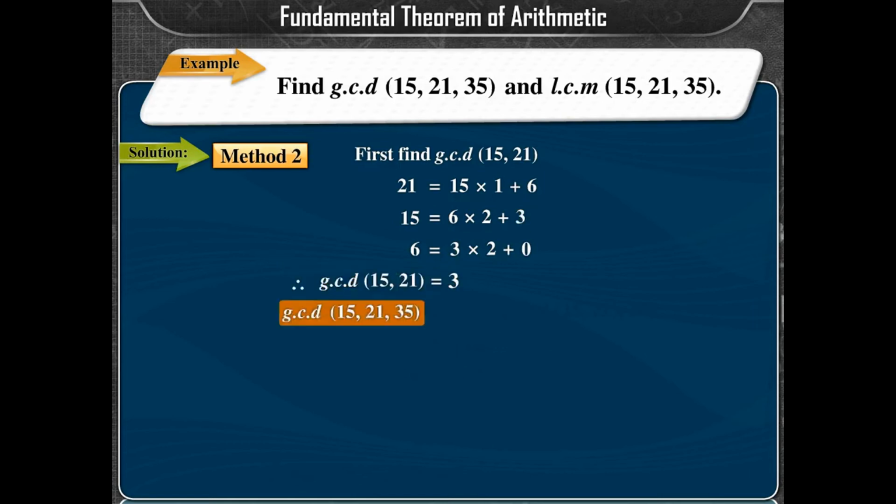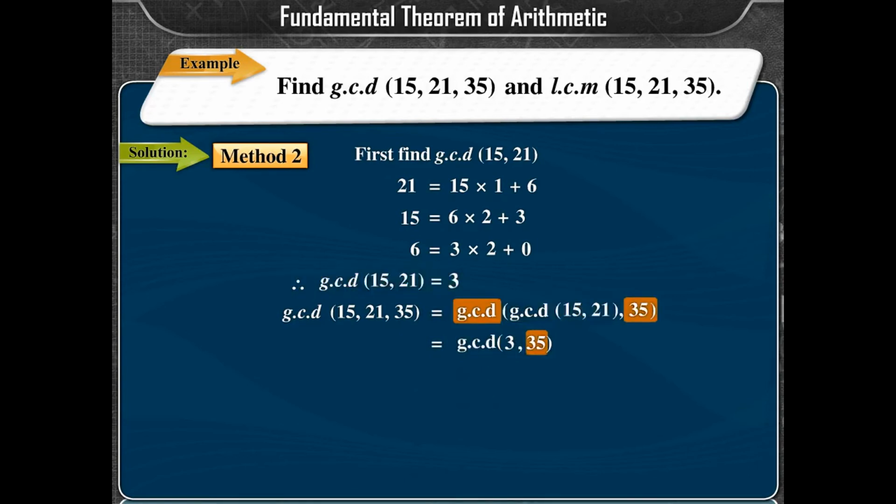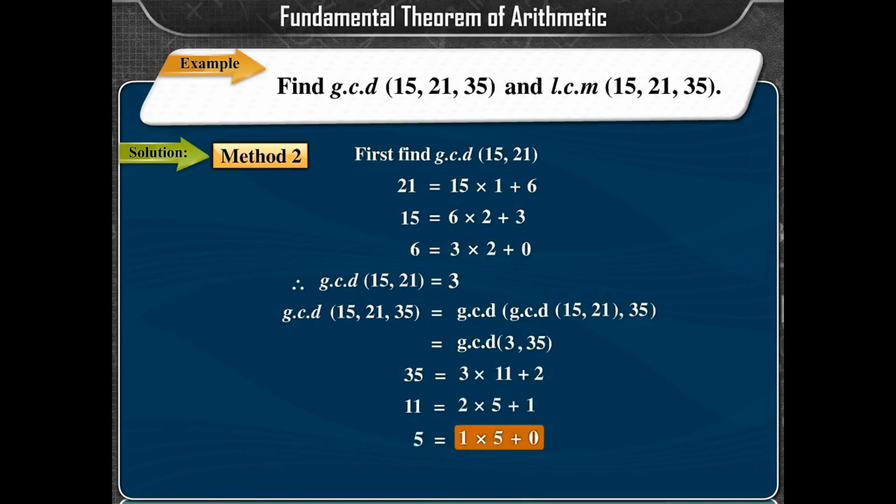Now GCD of 15, 21, 35 is equal to GCD of 3, 35. 35 is equal to 3 into 11 plus 2. 11 is equal to 2 into 5 plus 1. 5 is equal to 1 into 5 plus 0. Therefore, GCD of 15, 21, 35 is equal to 1.